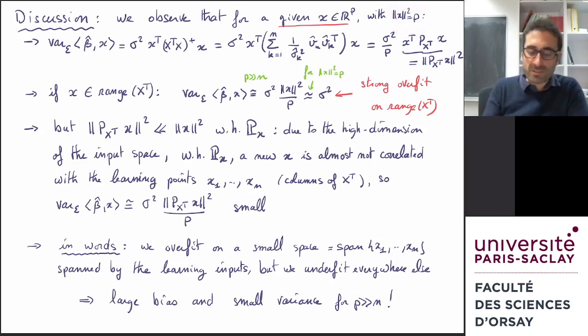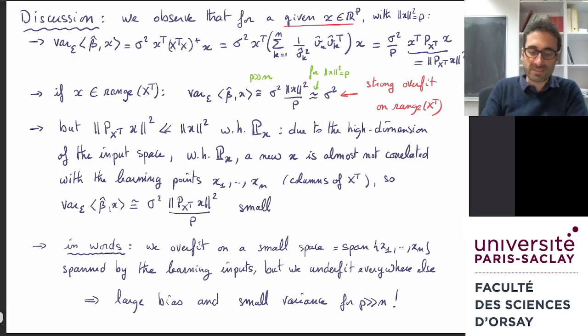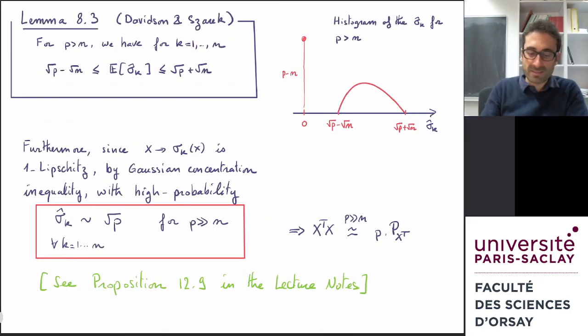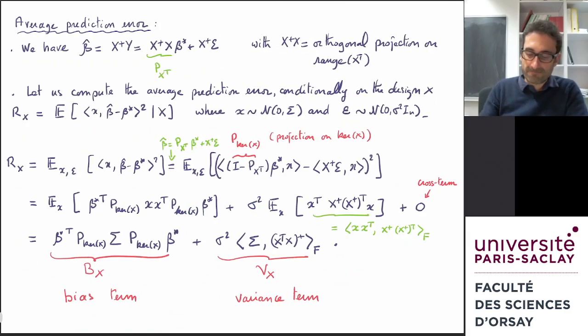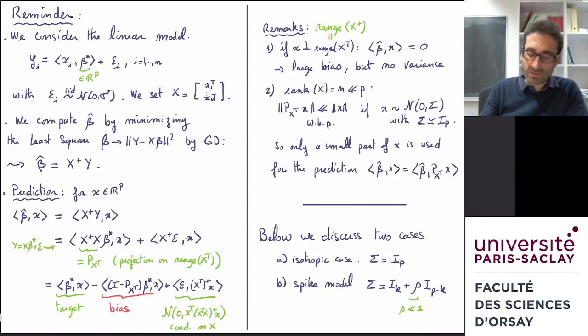If I take the variance only with respect to epsilon, so I consider small x as being fixed, this is exactly the computation that we have done before. It is equal to sigma^2 x^T (X^T X)^+ x. That is what we have seen just before. If you take this term, the variance is given by this quantity.